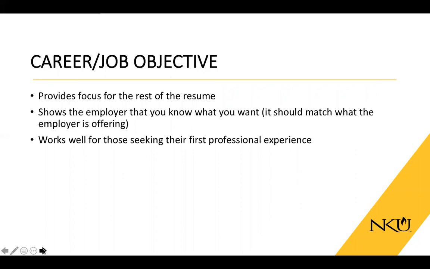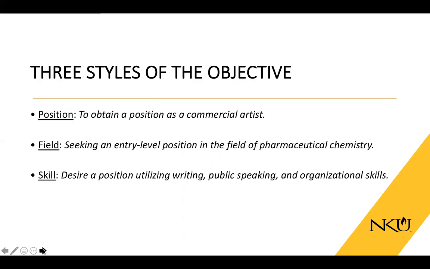The first category we recommend for college students is the objective. While this is an optional category, this provides focus for your resume and shows what position you are interested in. Your objective should be just one sentence. Regarding the objective, we typically recommend using one of the 3 styles listed here.